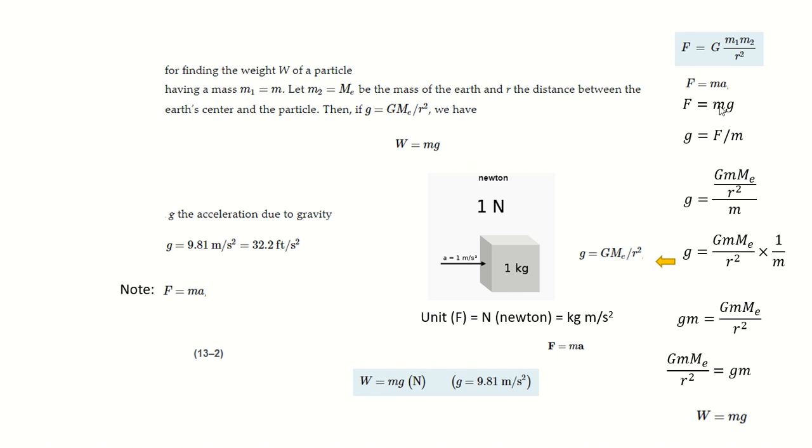So now I'm going to move this to the other side. When you move your mass to the other side, you get g is equal to F divided by M, and your F is, of course, this whole thing. In this case, let M1 be particle 1, which is M, so I just put an M here. Then your second particle is the Earth, so I put the mass of the Earth right there.